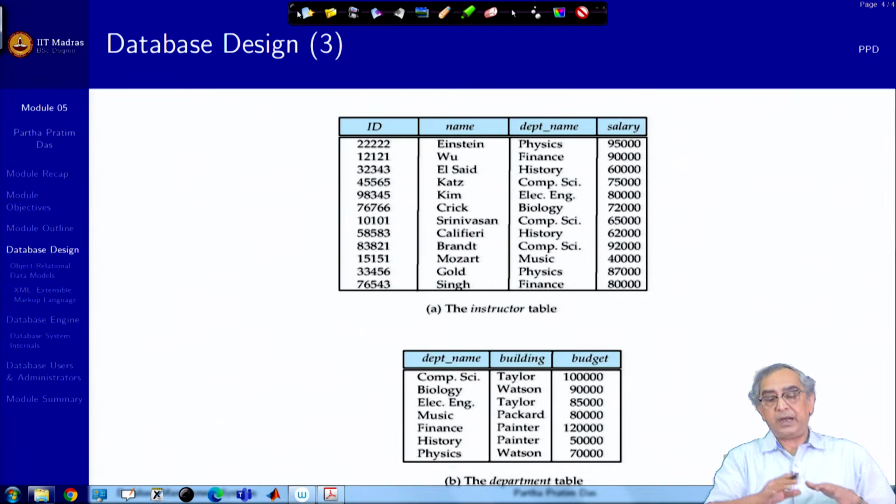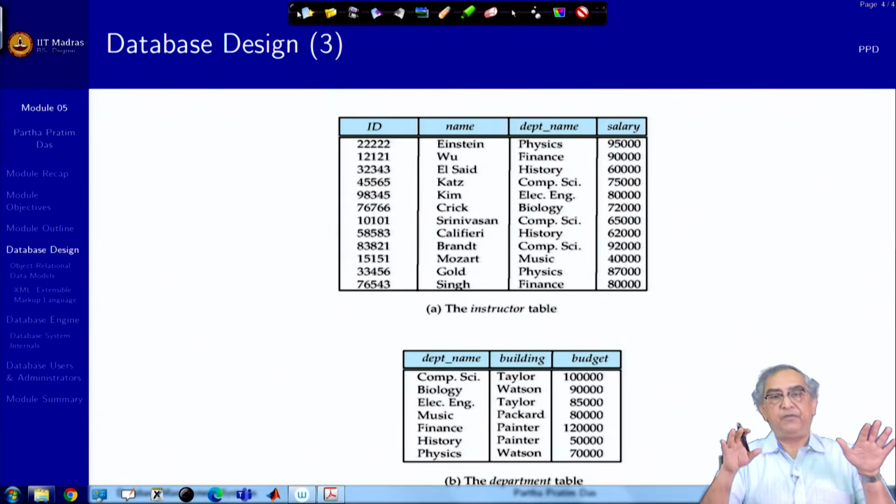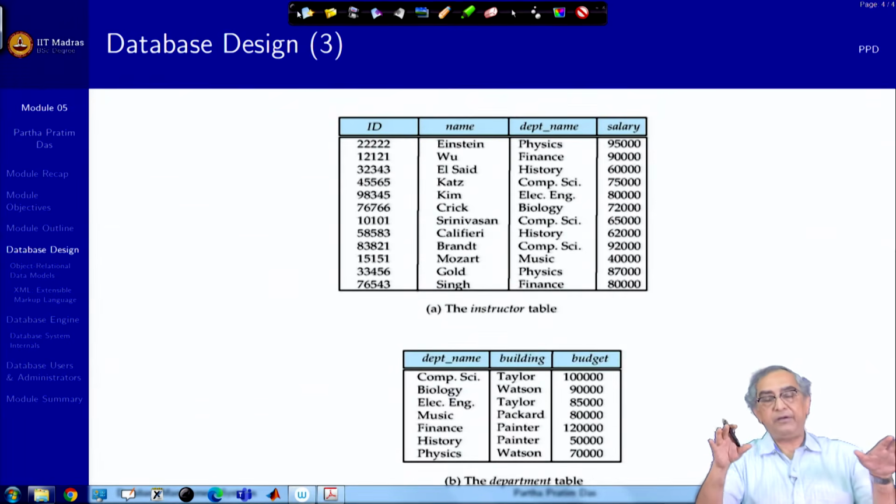We will come to this and we will come to how we did this. Here it is quite obvious. We are doing this by observation, but how we do this in general in a formal way is what we will learn in the database design process. So, what I wanted you to understand is one glimpse of what is the kind of design consideration that needs to go in and what is the kind of design output that we will prefer.